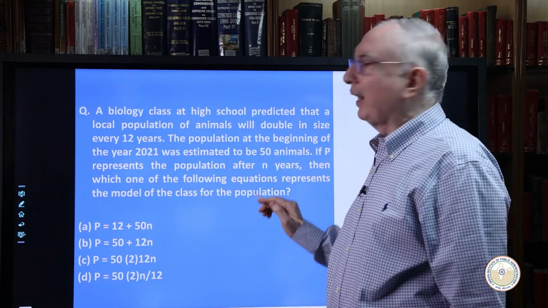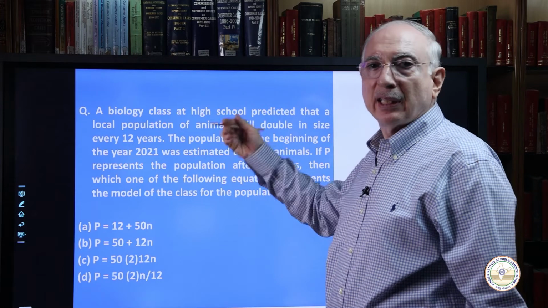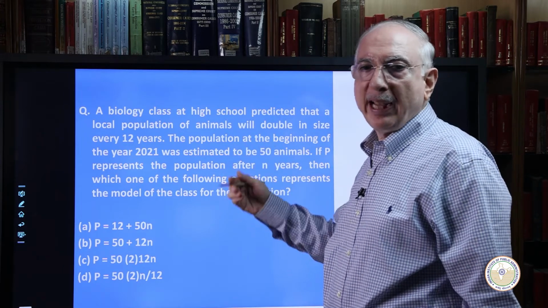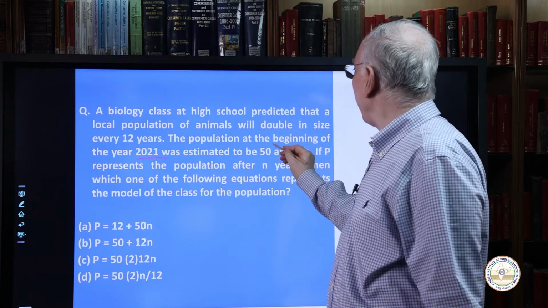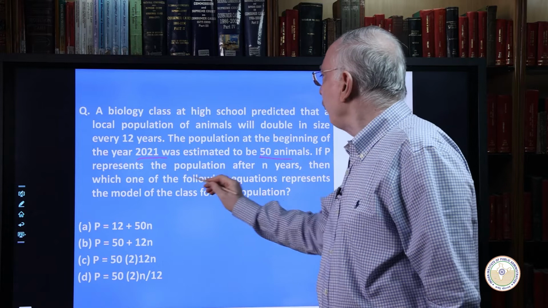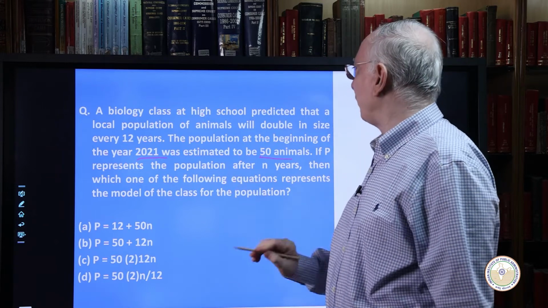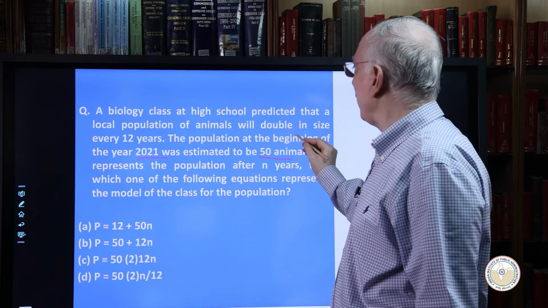Next question is about the animal population and the model which will explain the growth of the population of the animals. Now this is given: in 2021, the animal population was 50, and in any year, which one of the following equations represents the model? Now we have to look at this. In 12 years, the population doubles.